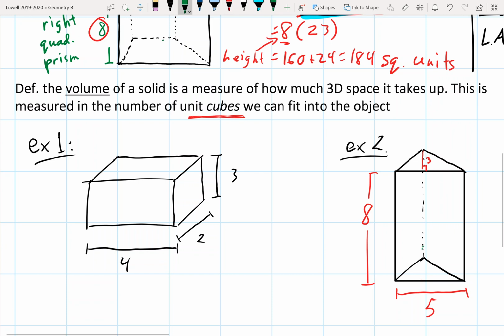Okay. So let's start off with this one right here. So I got a right rectangular prism. Okay, so what's nice about this one is the fact that it's rectangular, so we can fit the cubes in it easily. And I'm going to draw the cubes out just so we can see what's going on.